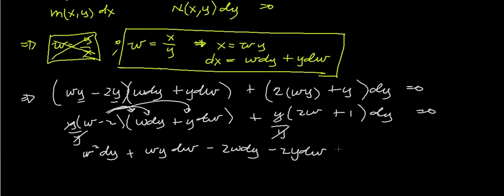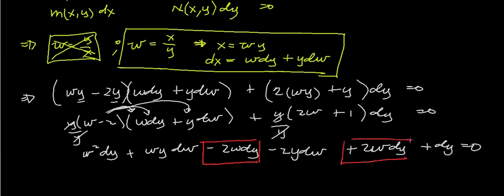We have plus 2w dy plus dy is equal to 0. Now let's combine like terms. We have negative 2w dy, and we have positive 2w dy. So if you sum these two, it will result to 0.